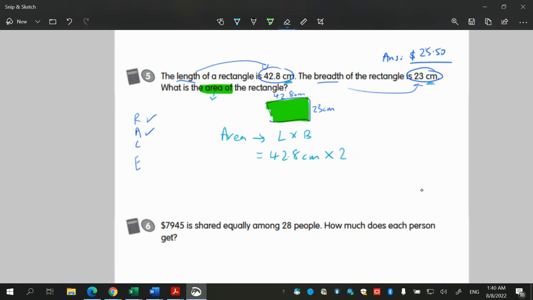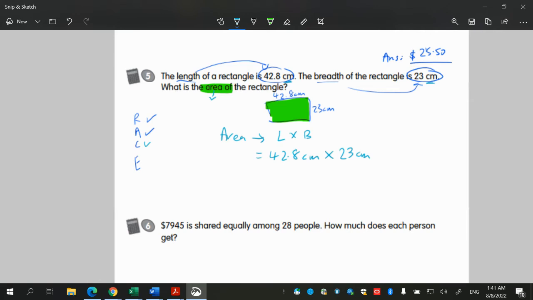Oops, mistake here. 23 centimeters. Use my calculator. So I draw a diagram and use the formula length times breadth, coupled with the help of a calculator to solve this.